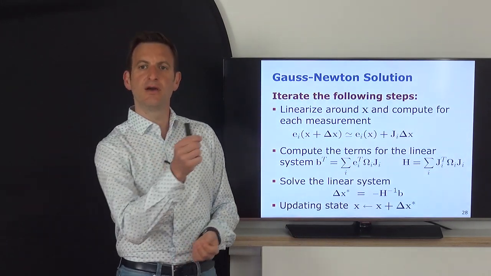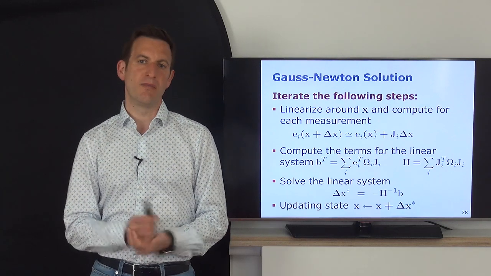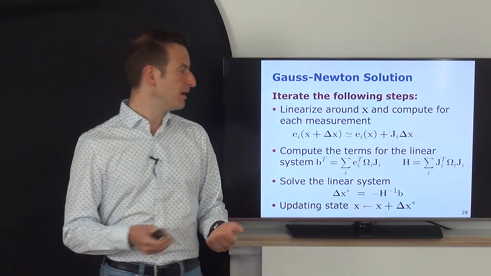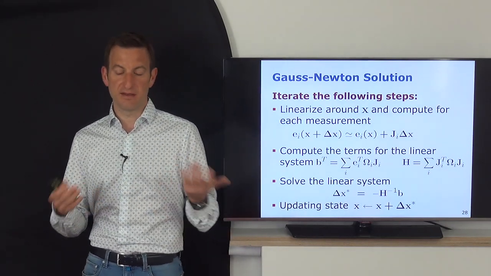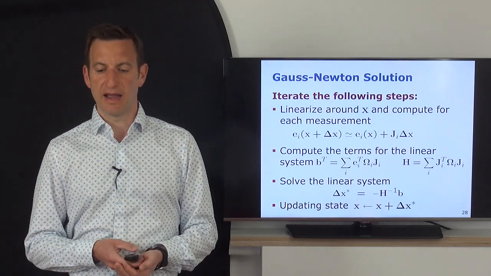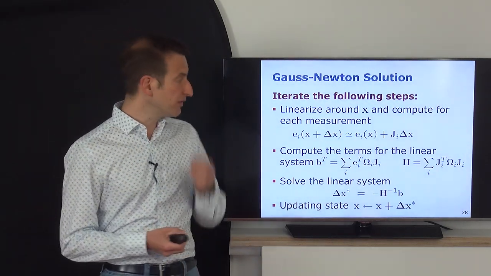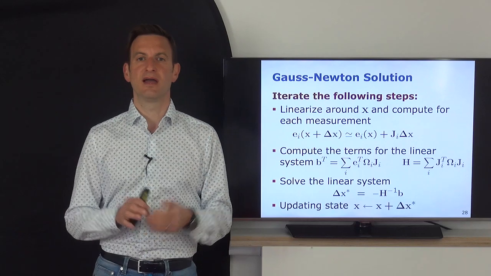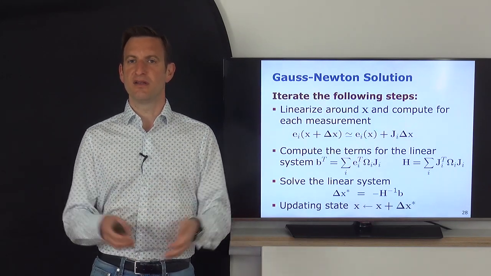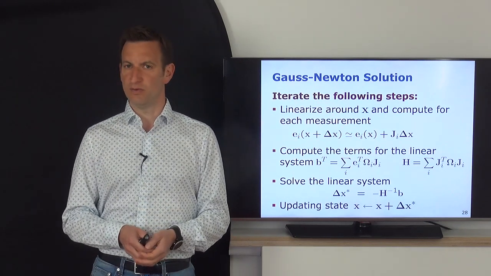And then I have hopefully converged to my global optimum. Again, no guarantee that it is the global optimum, but there is the hope, if our initial guess is good, that we will actually end up at the global solution. So this was a very brief and informal introduction to least squares and the least squares approach that we will be using in this course.